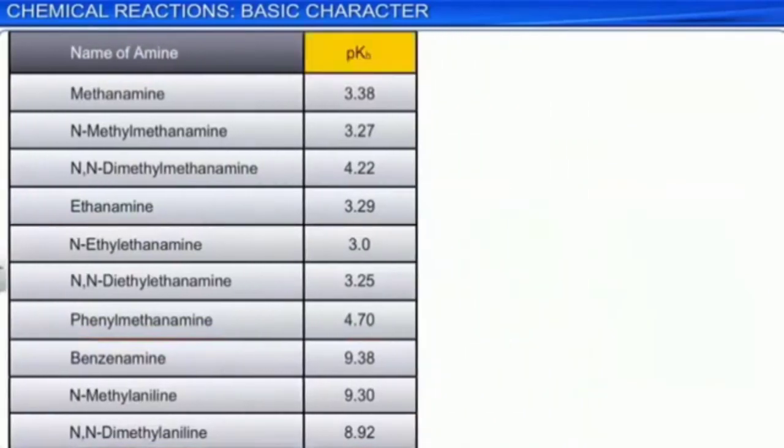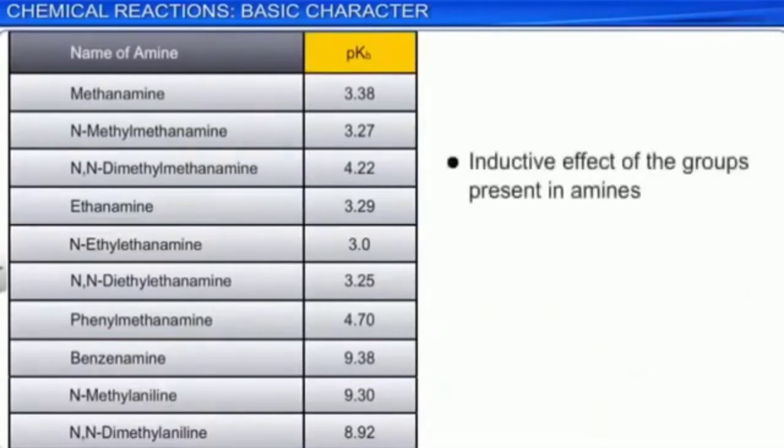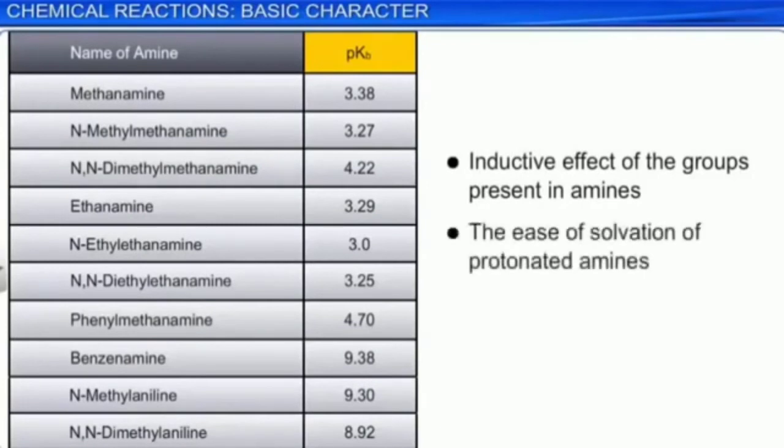The basic strength of amines is affected by the following factors. First is the inductive effect of groups present in amines. The second is the ease of solvation of protonated amines. The third is steric hindrance. First, the inductive effect of the alkyl group present in alkyl amines.